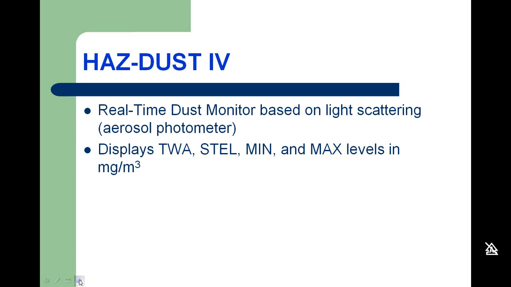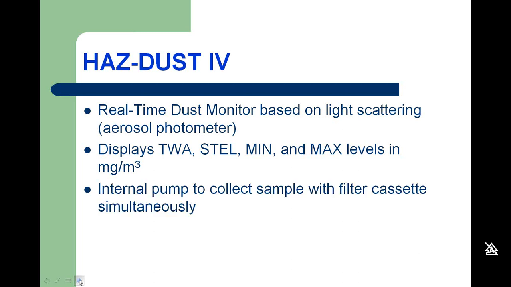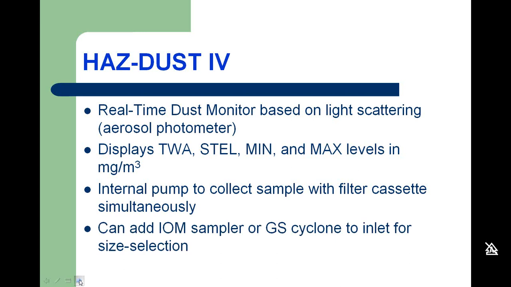The LCD displays TWA, STEL, min, and max levels in milligrams per cubic meter. There is also an internal pump to collect a filter sample if needed. An ION sampler for inhalable dust or a GS cyclone for respirable dust can be added to the inlet for size selection.